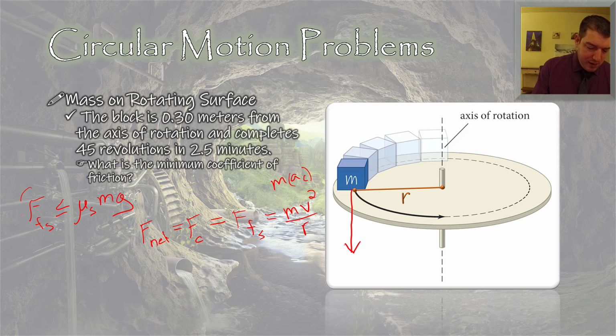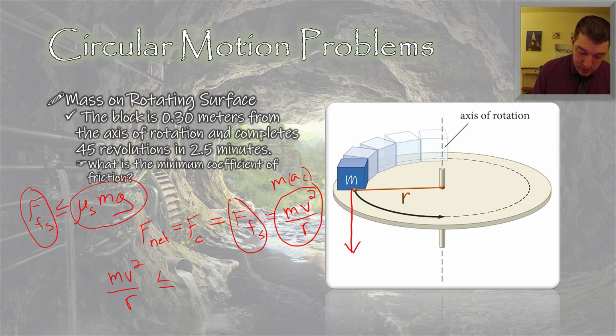The force of static friction is less than or equal to mu s mg, and is equal to mv squared over r. So what that really means is that mv squared over r is less than or equal to mu s mg.